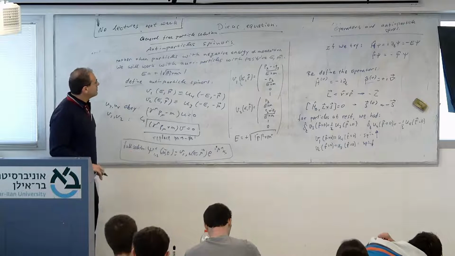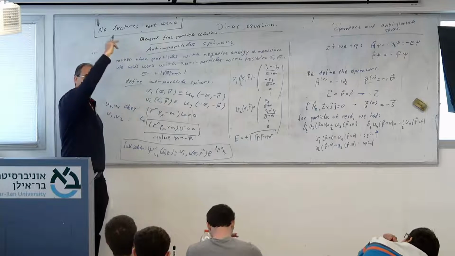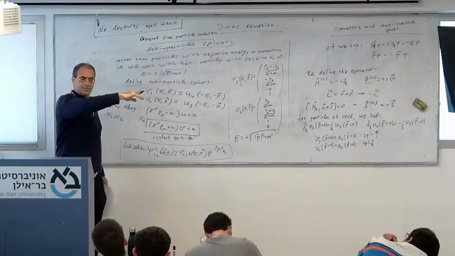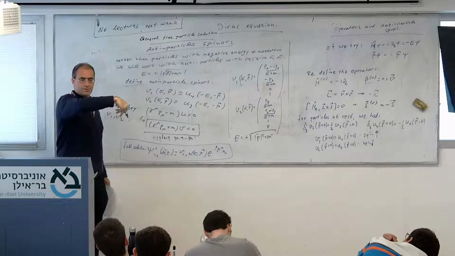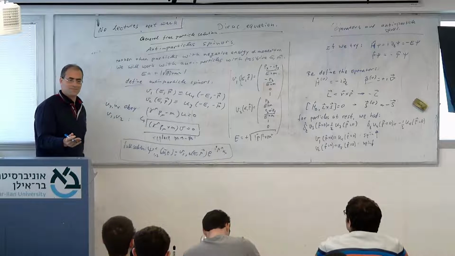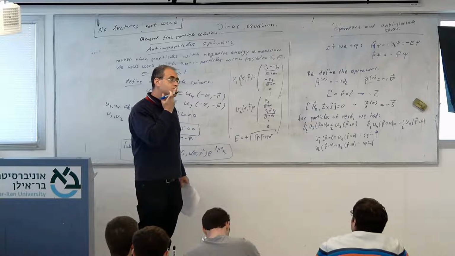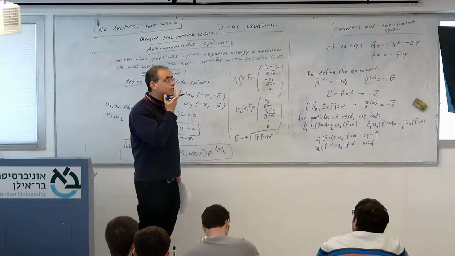And again, this is completely in line with the sea interpretation that I gave you, right? If I remove a particle from the sea, it has a spin up, so I'm left with a spin down. Makes sense? It's just how you define the antiparticle. Again, it's an interpretation.